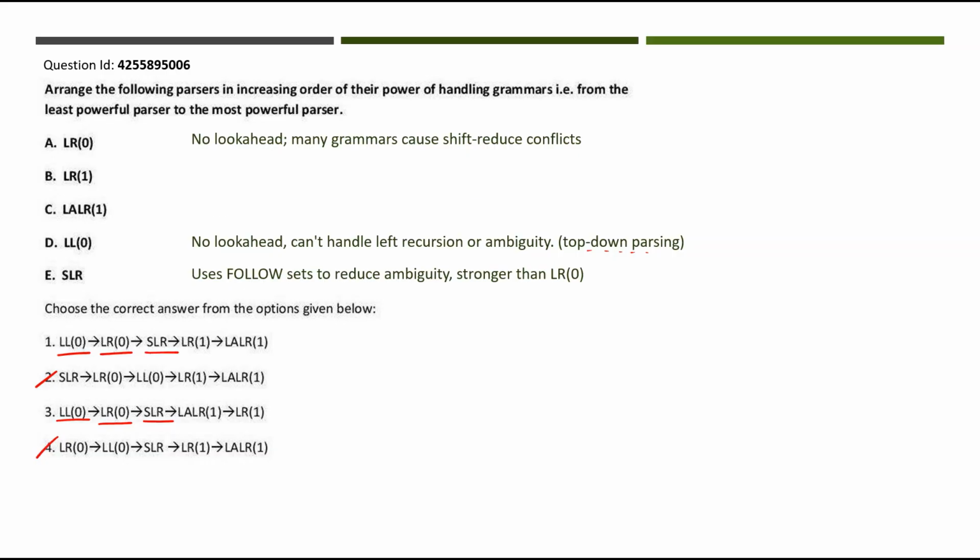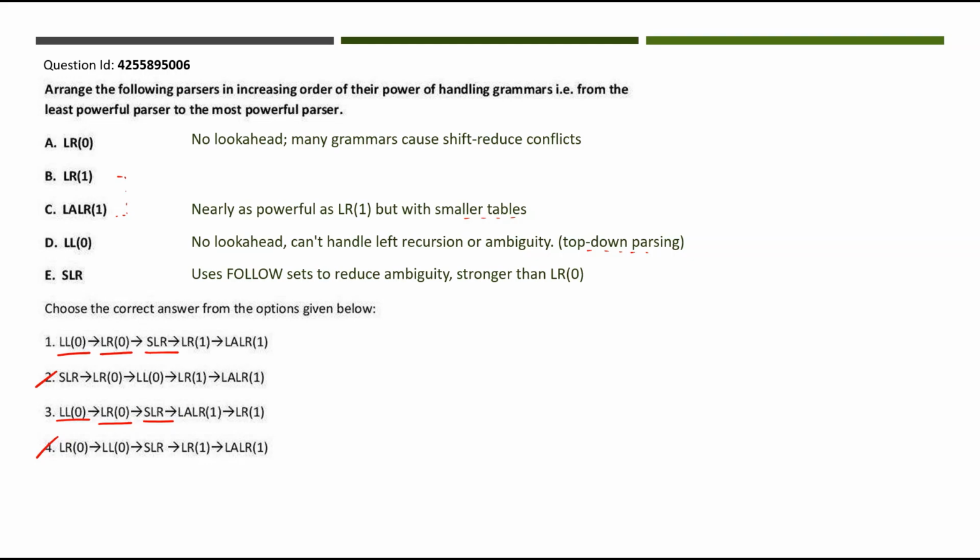After SLR, we have LALR. It is nearly as powerful as LR(1). So both are almost equal in power, but LALR works with smaller tables. In this case, we are considering LALR to be less powerful than LR with lookahead.